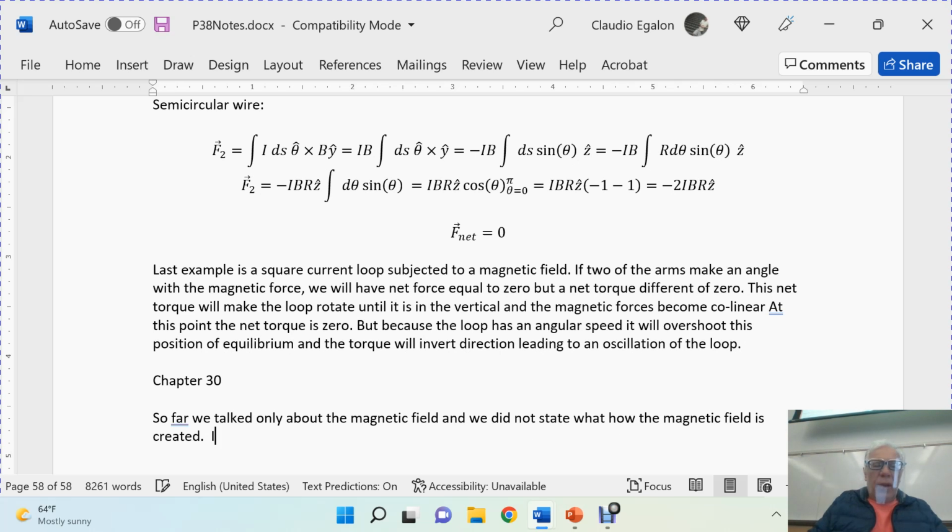So in this chapter, you will learn what is the actual source of the magnetic field.